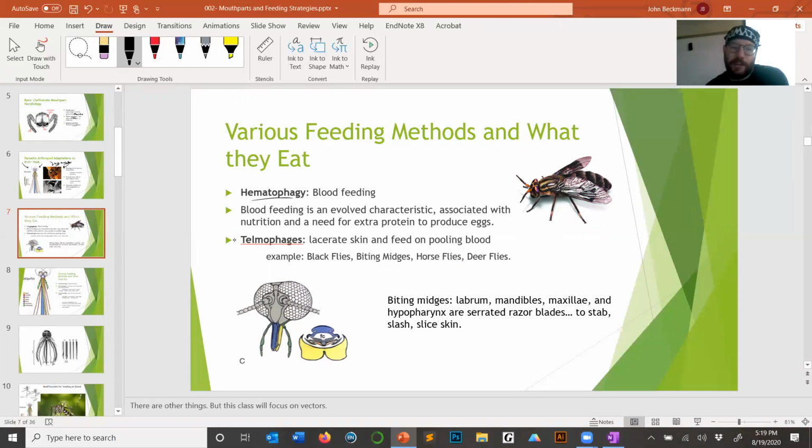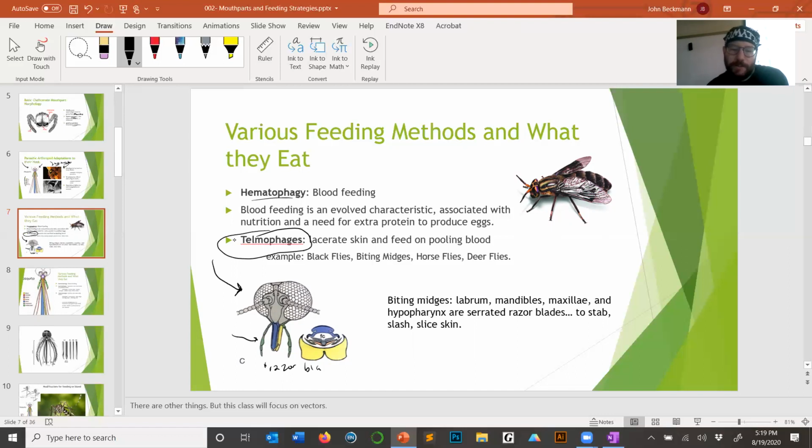So there's a term called telmophages. Telmophages are like deer flies, tabanids. Deer flies are telmophages, and they have what are essentially, the colloquial term is razor blades.